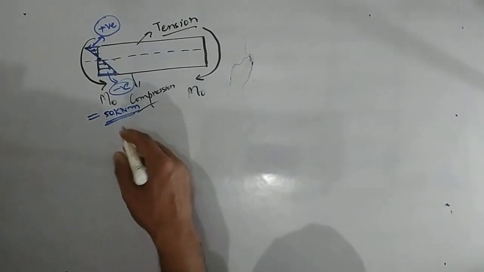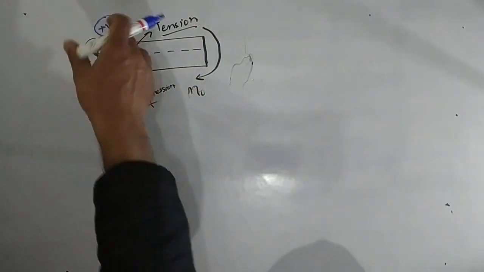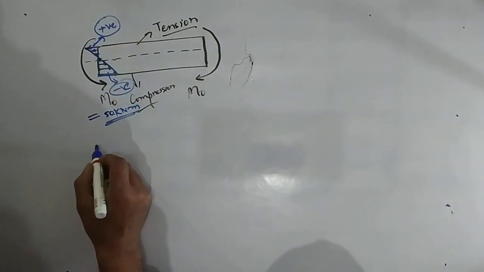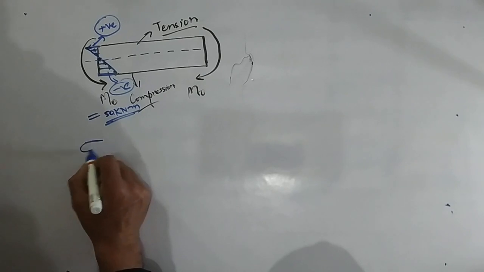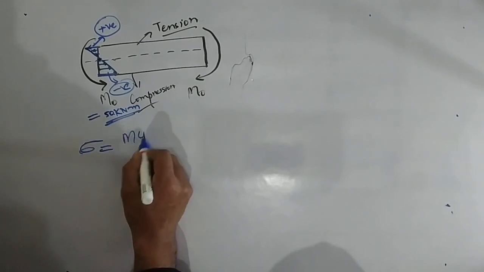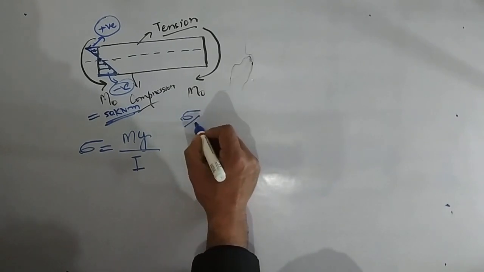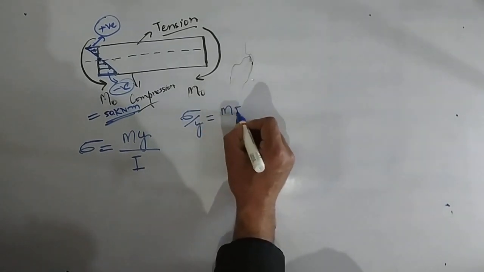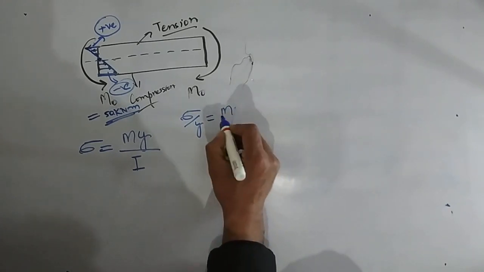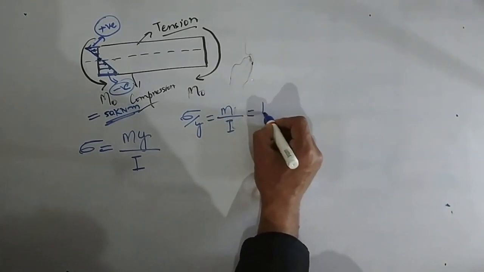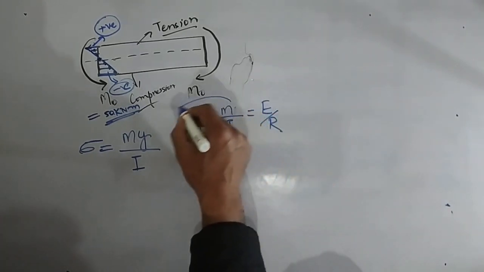Due to M0, what value of bending stress will I get? I will use the flexure formula, obviously, that is sigma equals My by I. My basic formula is sigma by y equals M by I equals E by R. I'll be using this part here.